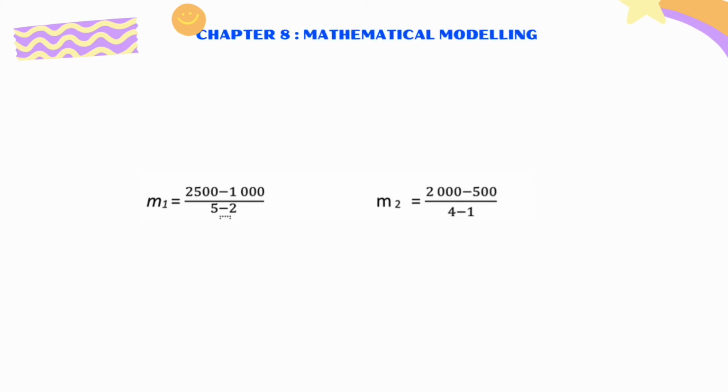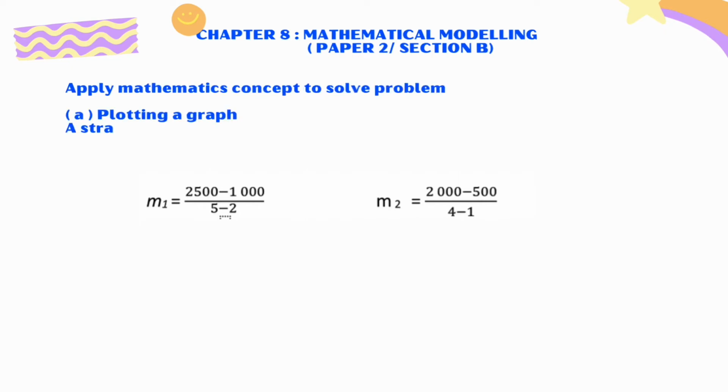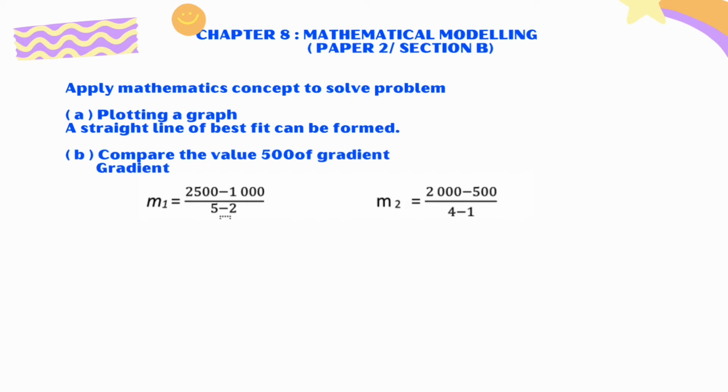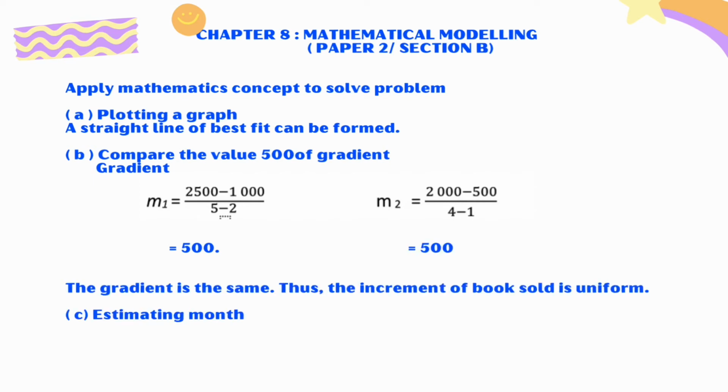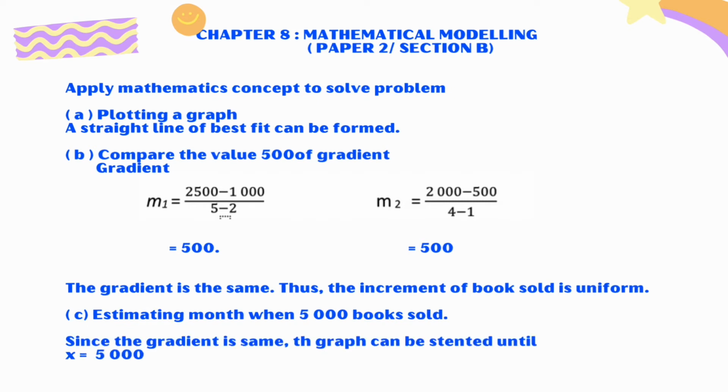From the graph, we are going to find the gradients M1 and M2. A straight line of best fit can be formed, and we compare the values of the gradients: M1 and M2 are the same. So it shows that the increment of the books with the month is uniform.